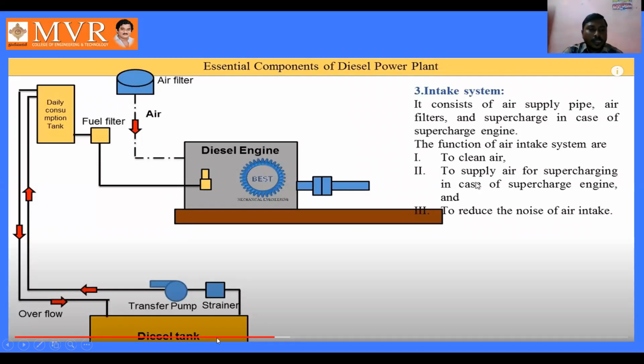After taking the diesel into the diesel engine or up to the cylinders, we require air for the complete combustion process. The air we get from the atmosphere is going to enter the diesel engine up to the cylinders.